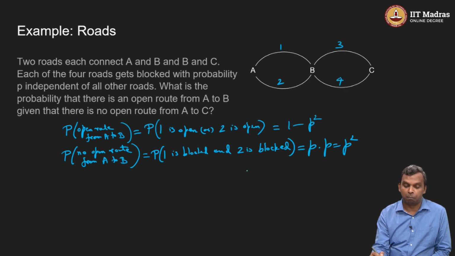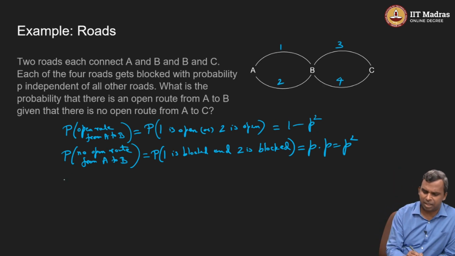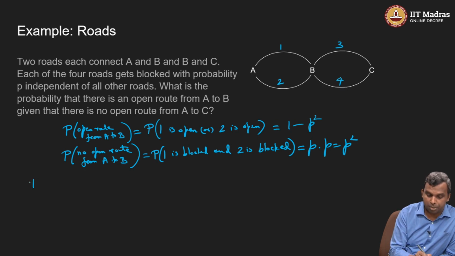Okay. So I have to find a conditional probability here. This seems interesting enough. So what's the probability of having no open route from A to C?